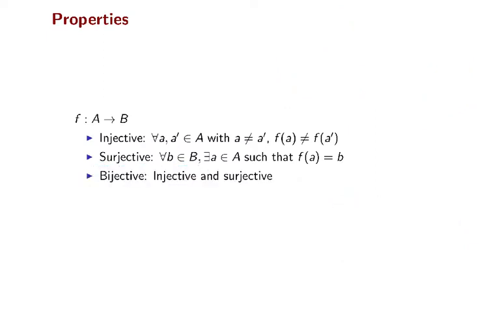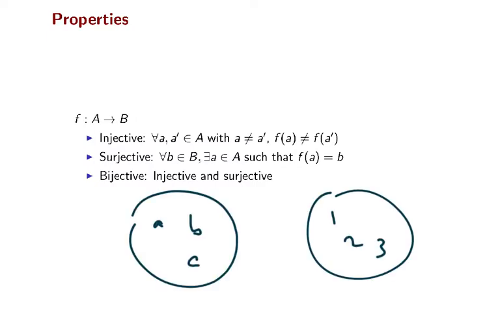And finally, a function is bijective in case that it is injective and surjective. For instance, this example that A goes to 1 and B goes to 2 and C goes to 3.